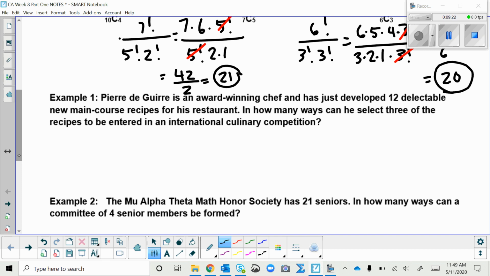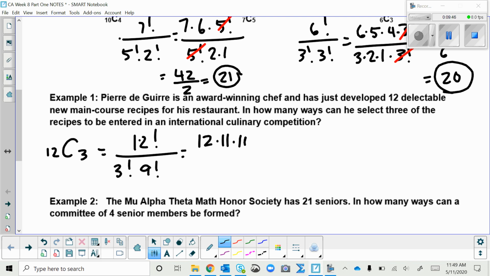So we've got 12 possible things, but he's going to choose 3. So this is 12 choose 3, and then we just plug it into our formula. I will break down 12 factorial just till I get to 9.